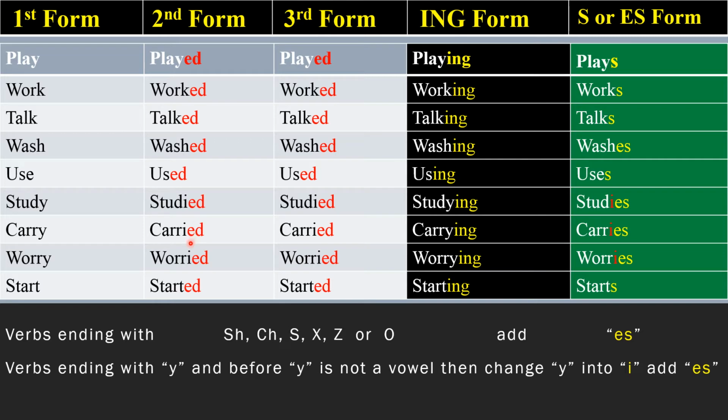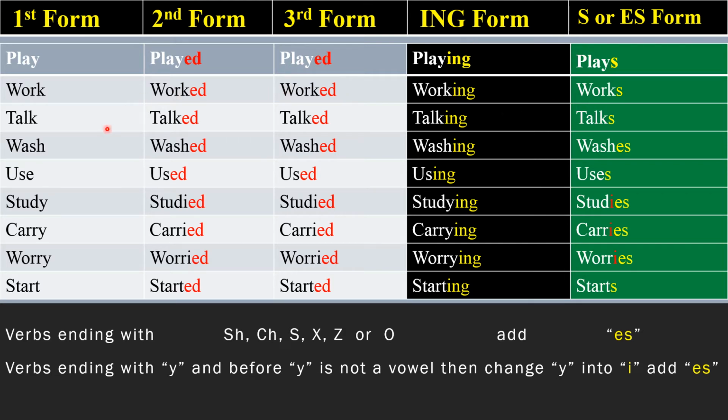So ED means that these are the regular verbs. So you have to have one thing in mind, and you have to learn this, and you have to be very clear about it, that all verbs appear in 5 different possible ways. That is first form, second form, third form, ING form, S or ES form.